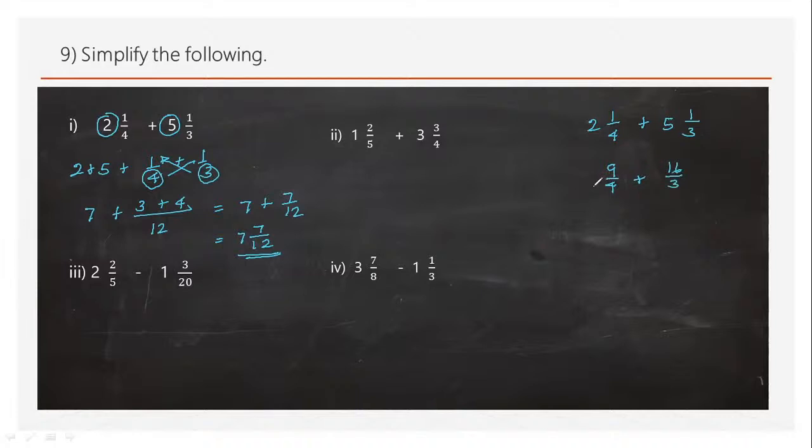First convert into a common denominator. For that purpose, I will multiply this by 3 and this by 4. 9 times 3, 27 over 12 plus 16 times 4, that is 64 over 12.